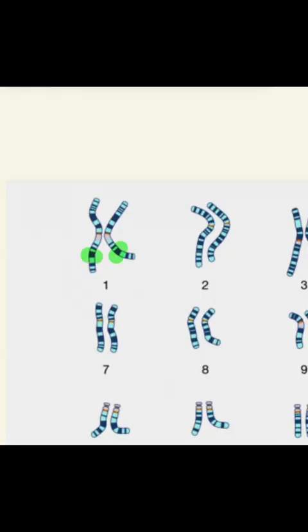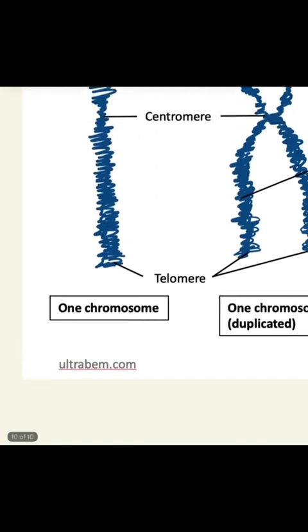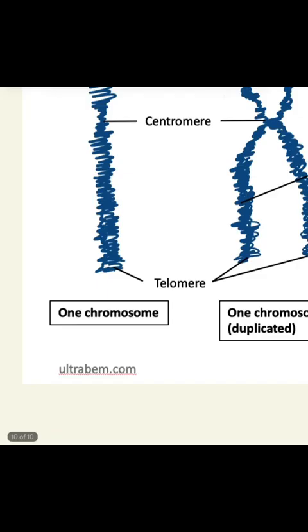Now, at the end of chromosomes, you'll find these things called telomeres. Telomeres are repetitive DNA sequences that protect the chromosome from damage, and they also prevent the loss of important genetic information during replication.